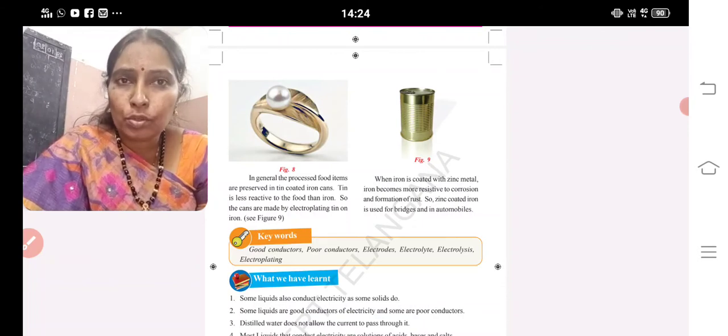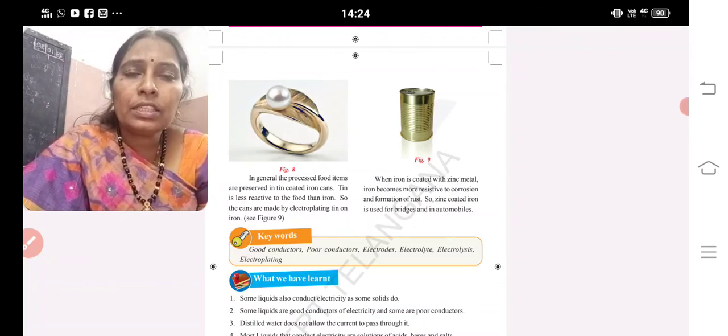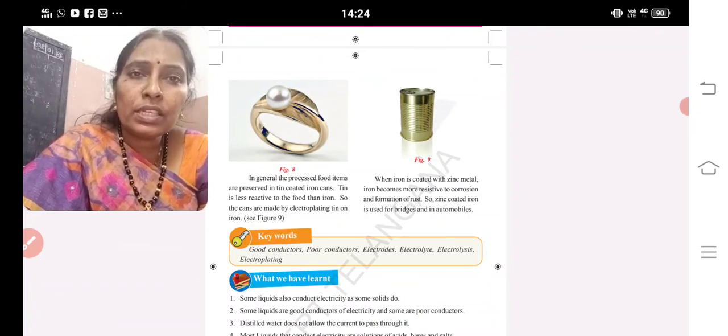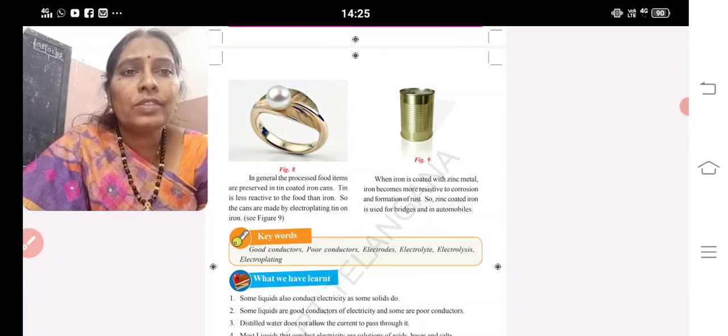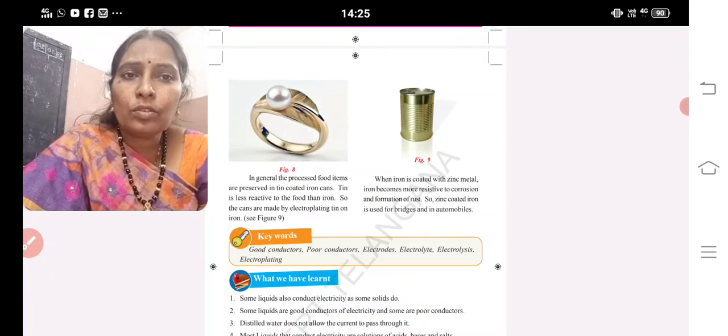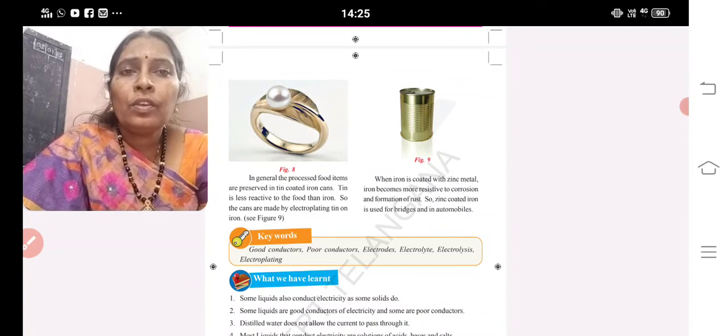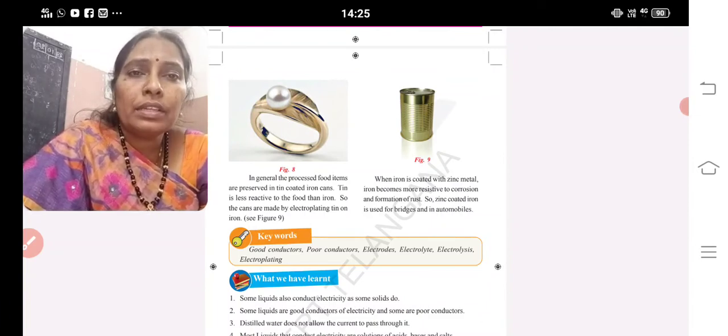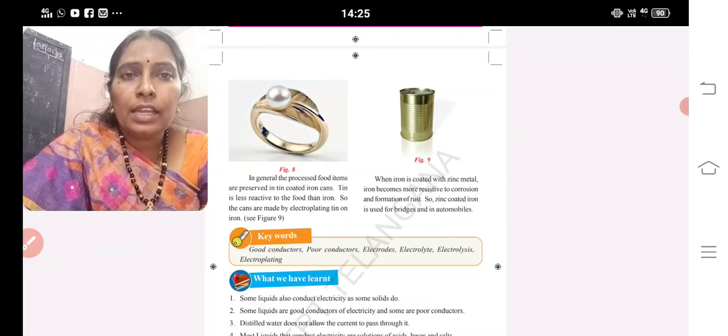The liquid conductor through which current passes is said to be the electrolyte. When a current passes through the liquid conductor, it dissociates into its corresponding ions. That method is known as electrolysis. By passing current through a metal, we can coat one metal with another metal. Such a process is known as electroplating.